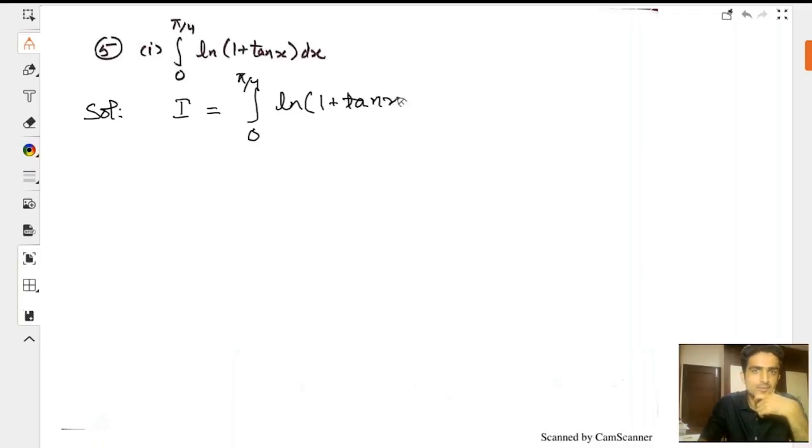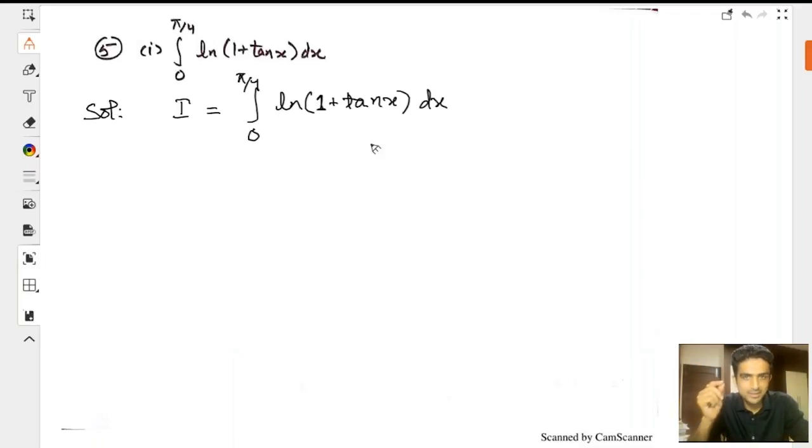Second application is whenever you have some integral where you are completely out of focus, that what should I do? It is not at all a good format, nor do we have a good x which we want to remove, anything. You're not getting anything.